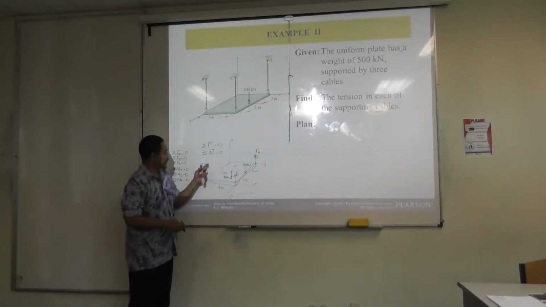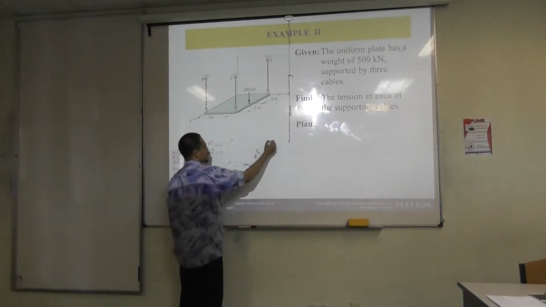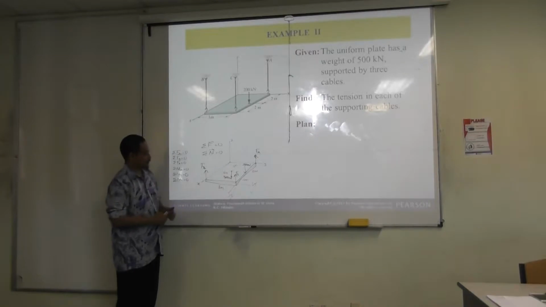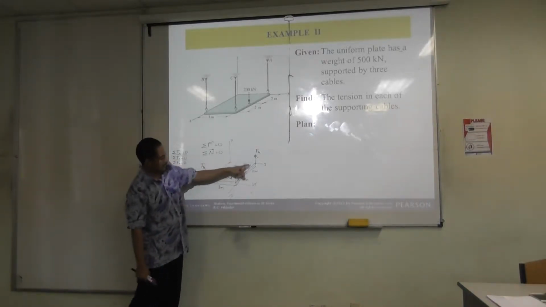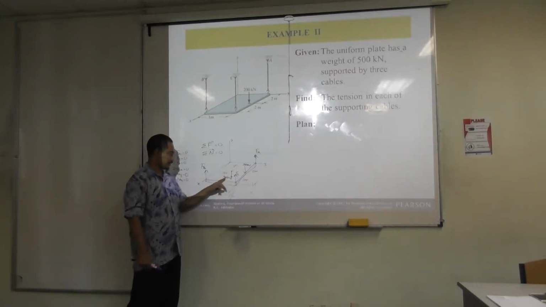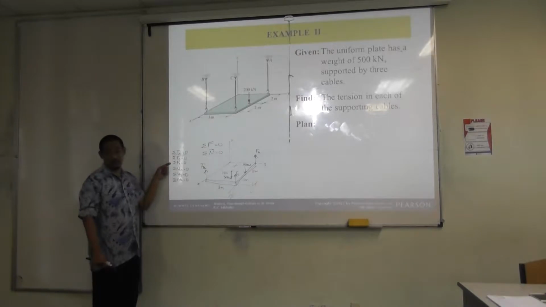Now summation of F is just simply add everything. It will be just Fa k plus Fb k plus Fc k minus 200k minus 500k. So in the end you'll just get the z component anyway.